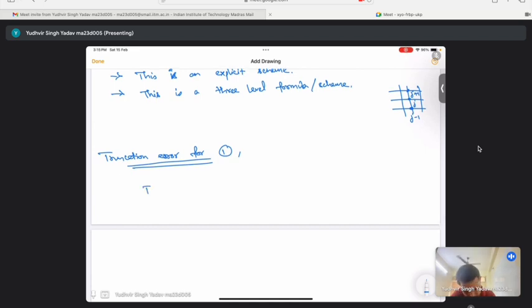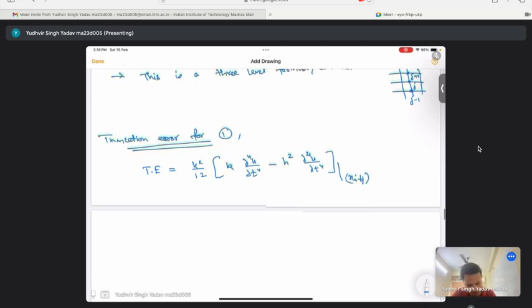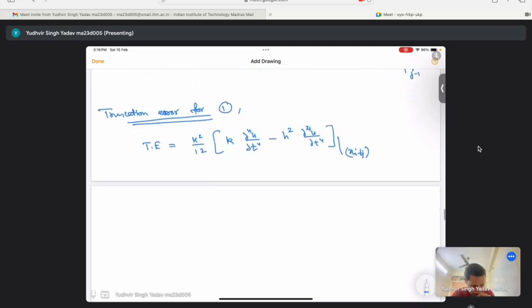So the truncation error, say TE, is given by k squared by 12 (k squared ∂⁴u/∂t⁴ - h square ∂⁴u/∂x⁴), where x_i and t_j are the nodal points. And as we have already discussed in our earlier lectures, the order of the method or order of the scheme is given by 1 by k times the truncation error.